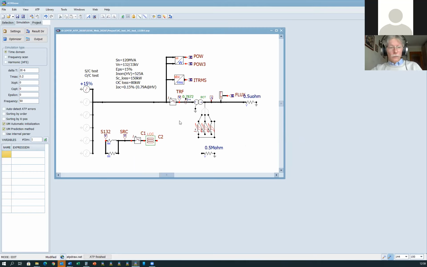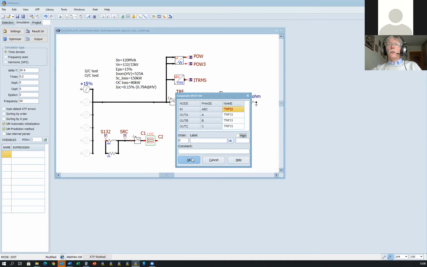So if you run this simulation, you will get the short circuit current here, the nominal short circuit current here. If the transformer model works this way, satisfies the steady state short circuit and open circuit tests, you can move further.